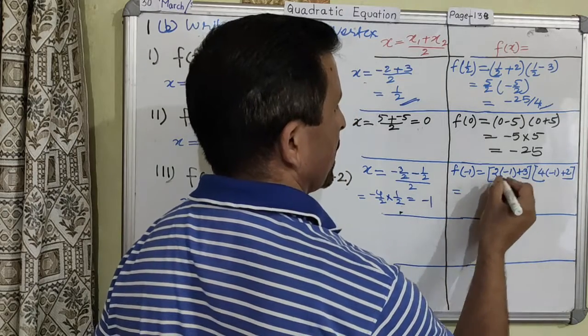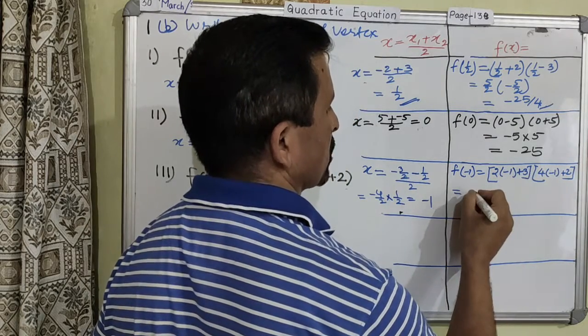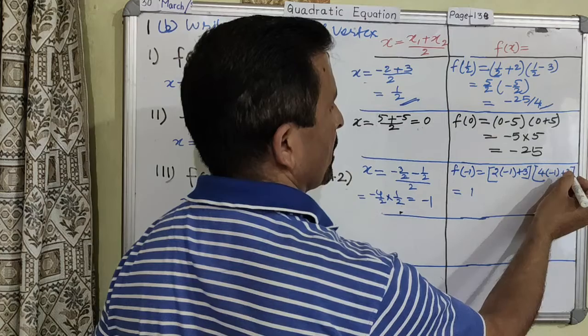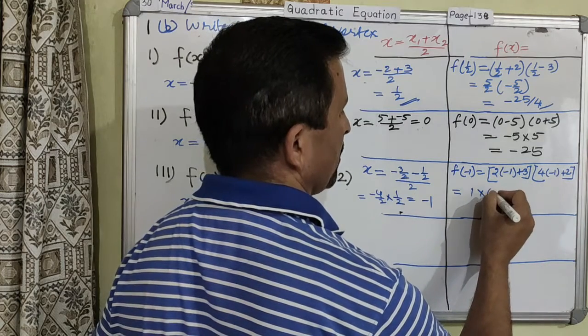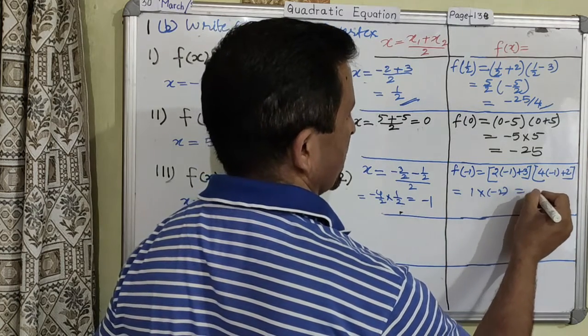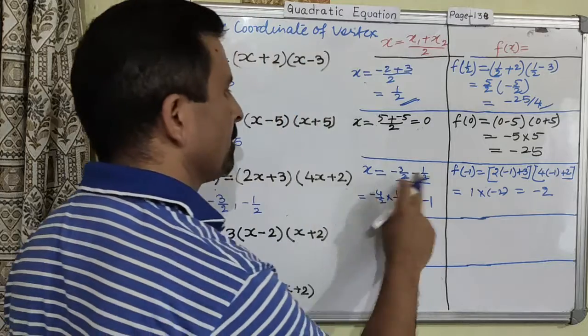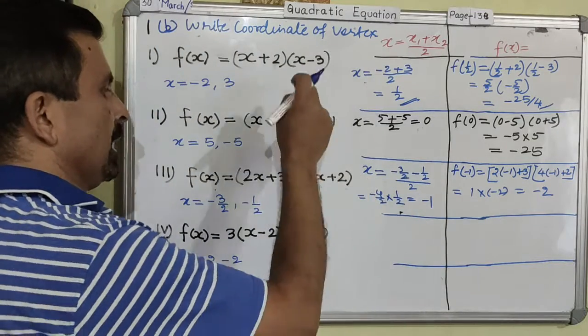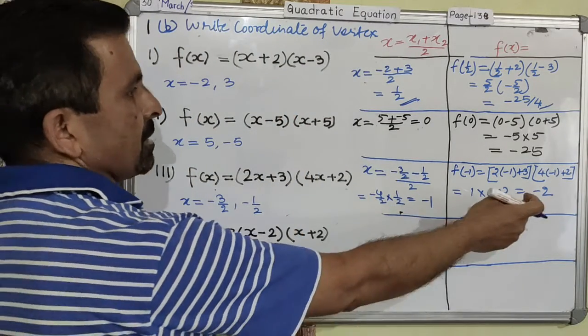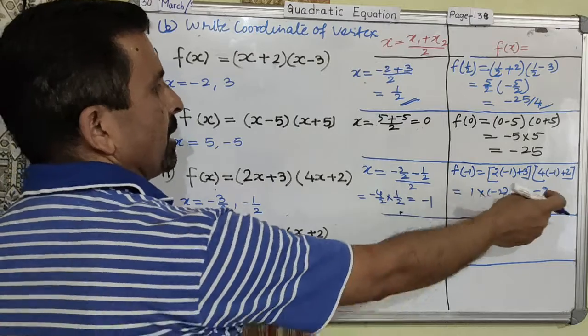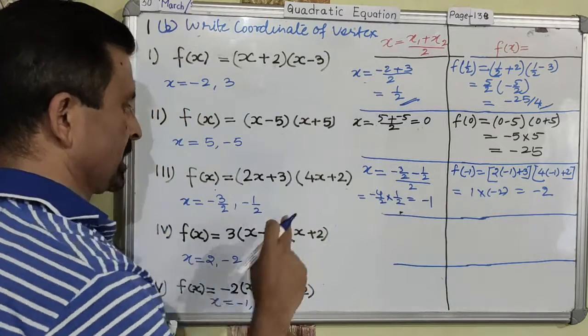That is -2 plus 3 is 1. -4 plus 2 is -2. Answer of this is -2. So the y value of this equation is -2, and together this will give you the coordinate for your vertex.